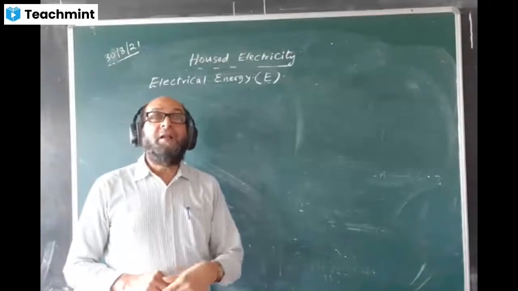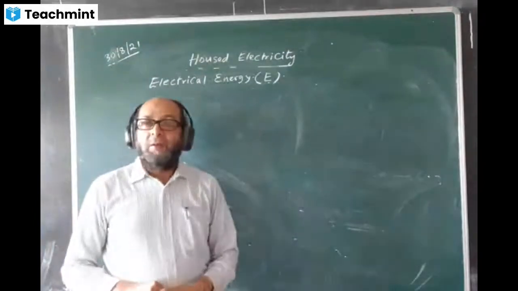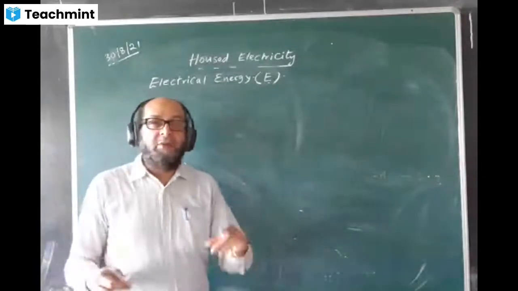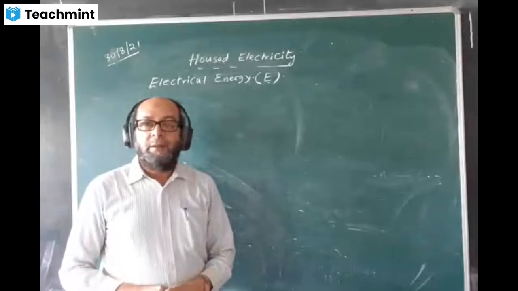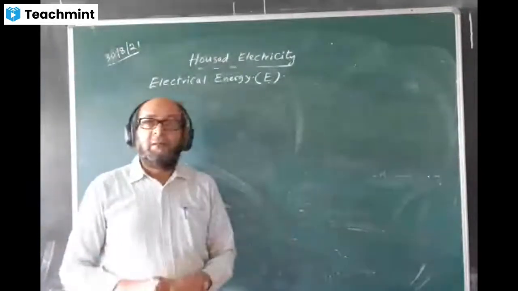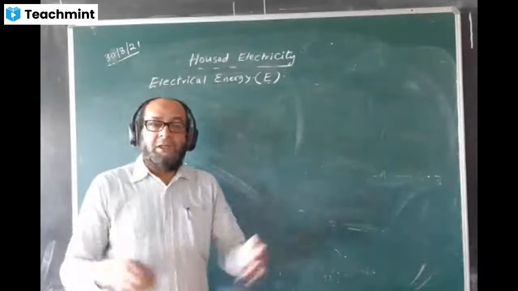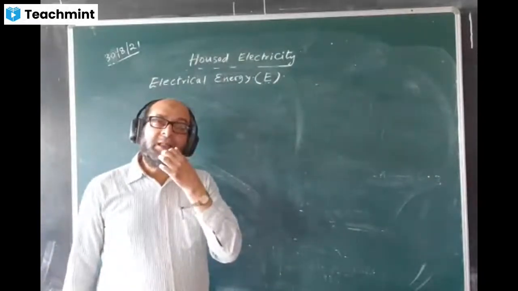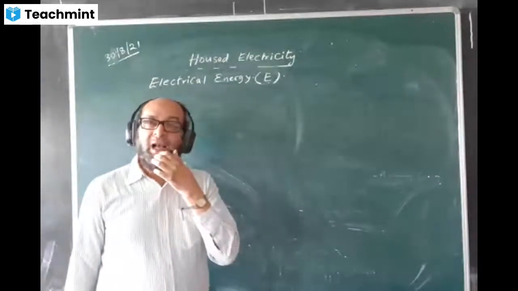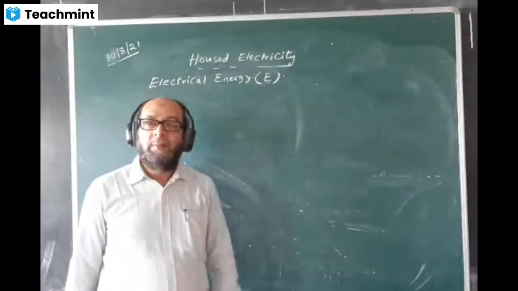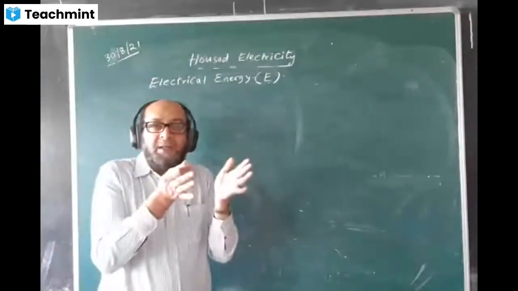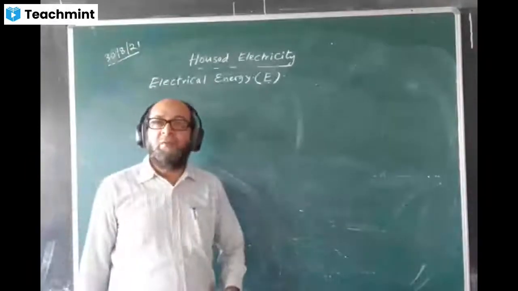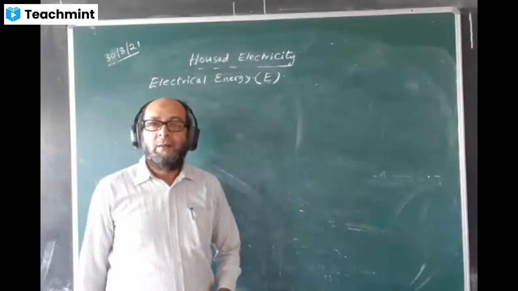You want air, you want wind: fan. You want cooling effect: refrigerator. You want mechanical energy: you have washing machine, motor. You want light: electricity. You want heat: heater, toaster. That is the reason why we try to generate as much electricity as possible, because electrical energy is the energy which we can very easily change into other forms of energy.